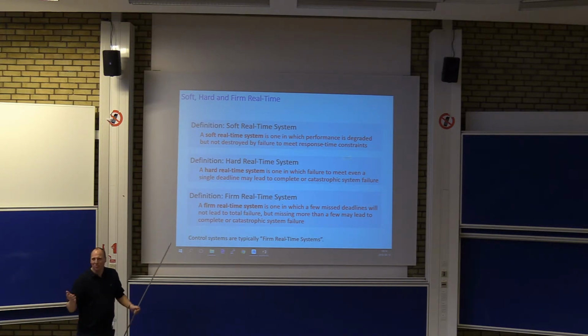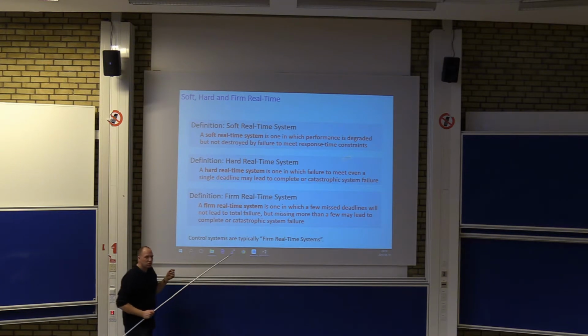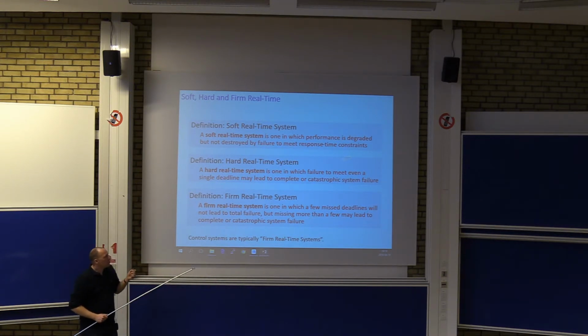Think about a system that is going to land on Mars, for example. You need to do things in a certain time, otherwise the whole system will be completely useless. But when we start to think about control systems, in most cases they are what we call firm.